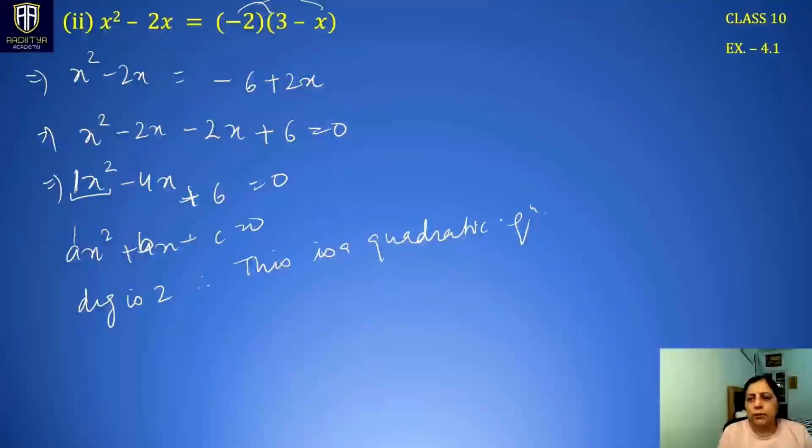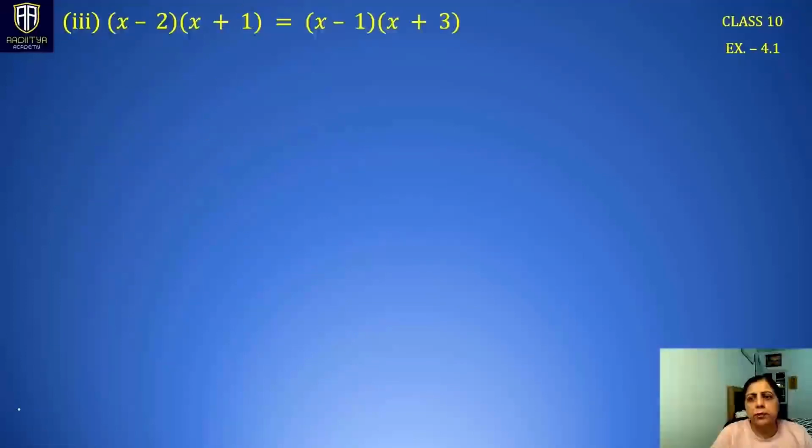So in all the parts you have to solve the equations till this point where we get the standard form. Then only we can analyze whether it is quadratic or not. In the third part, we have to open it on both the sides. It becomes x square plus x minus 2x minus 2.